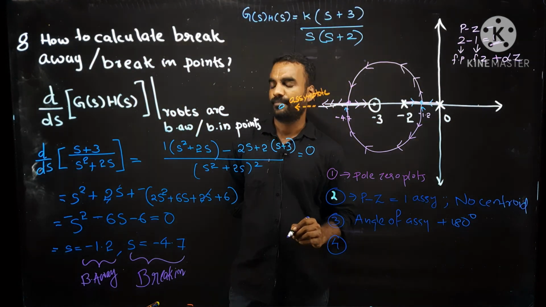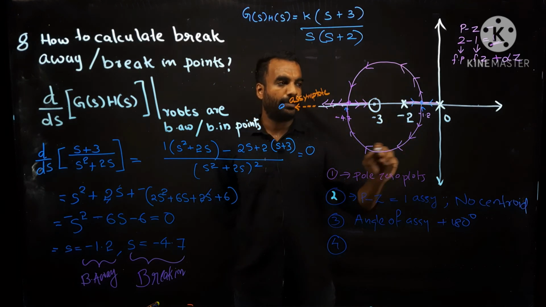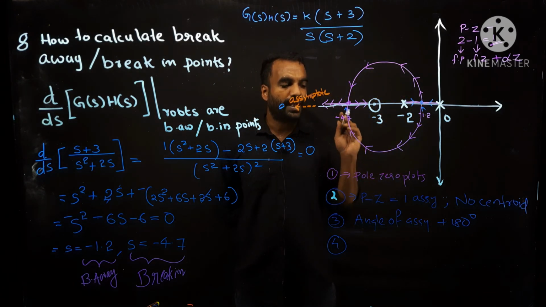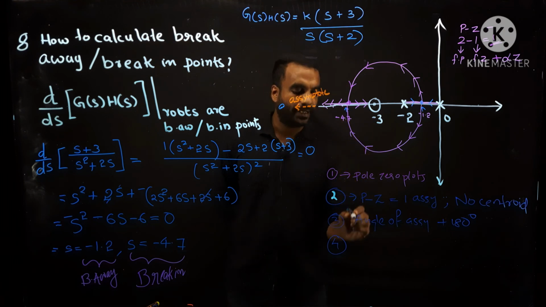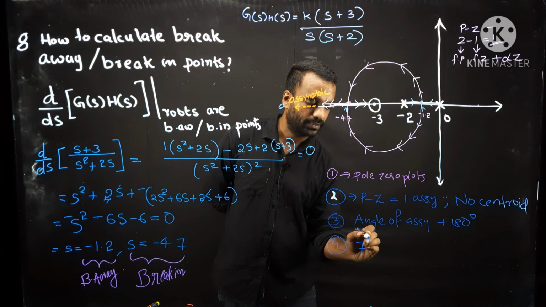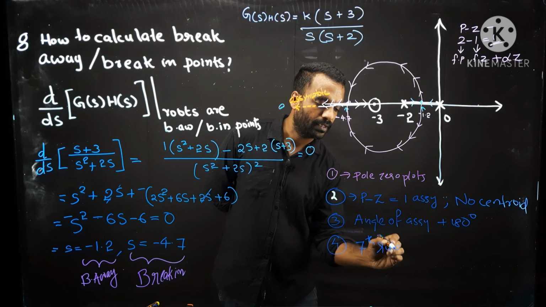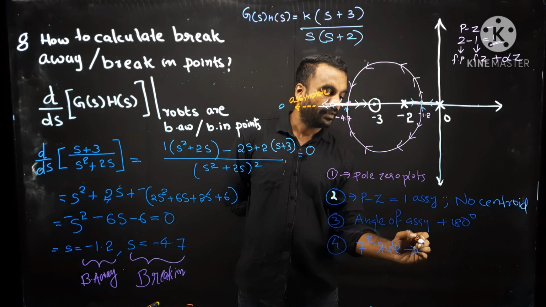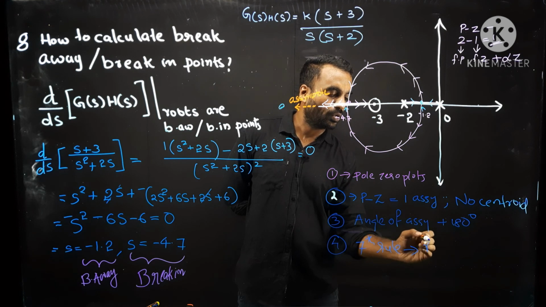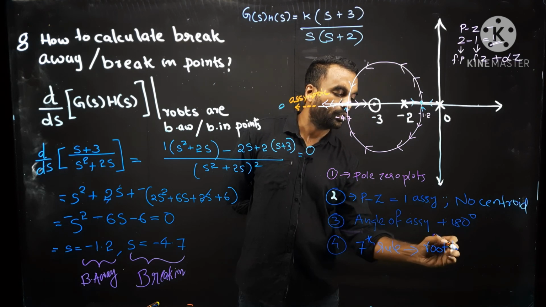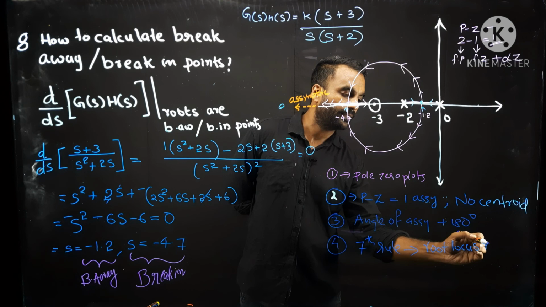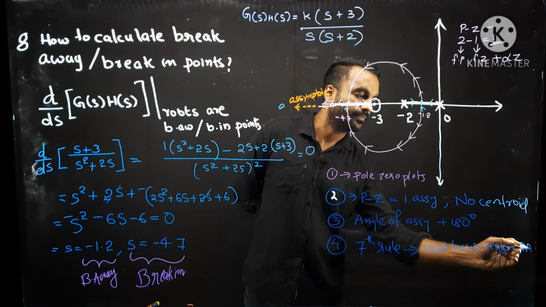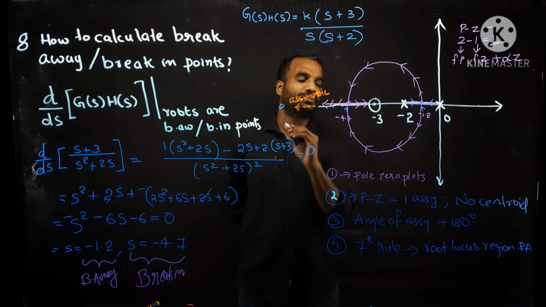Then you marked all those things in the diagram, and on that knowledge you applied our seventh rule. Seventh rule is to check the root locus region in the real axis, and you marked all those things.